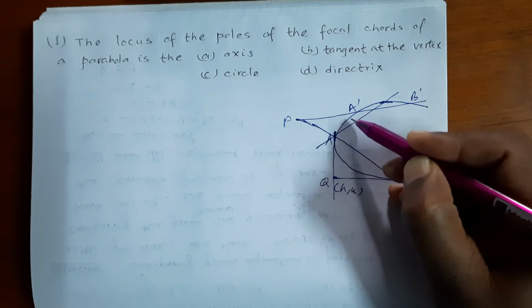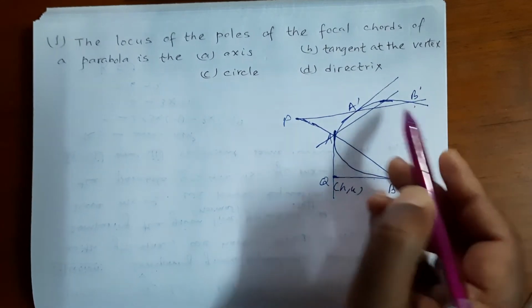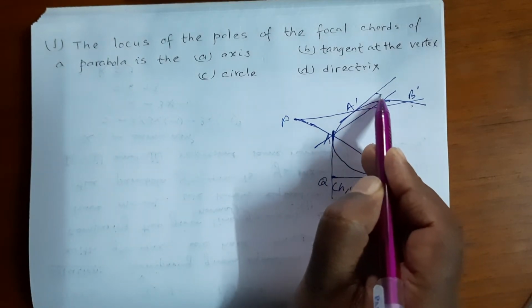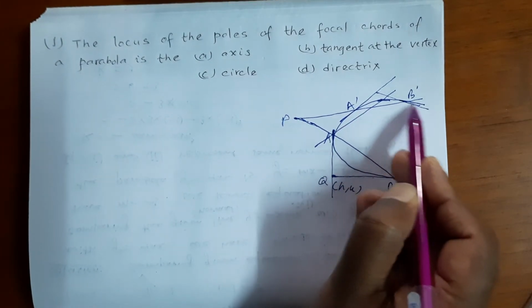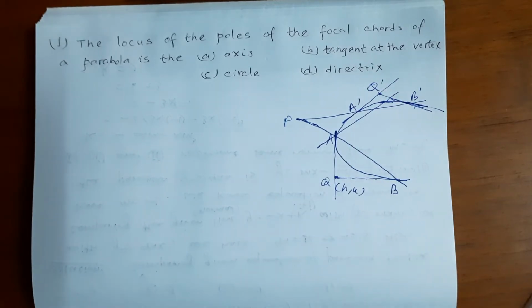Suppose tangent at this A dash and tangent at B dash, they meet at Q dash.